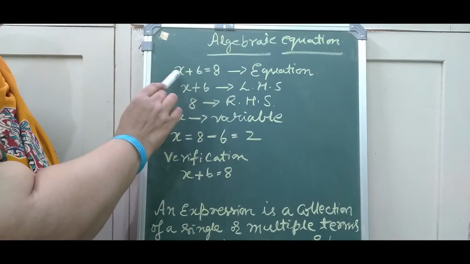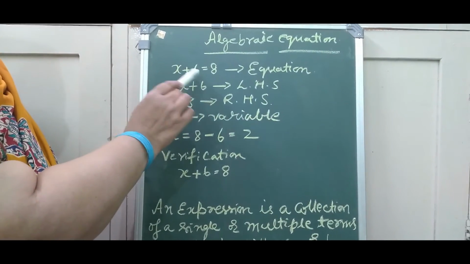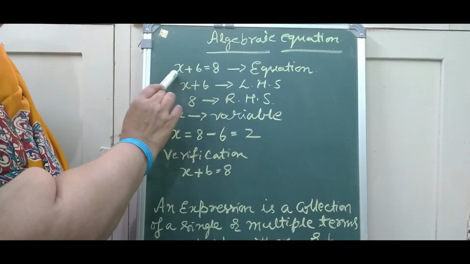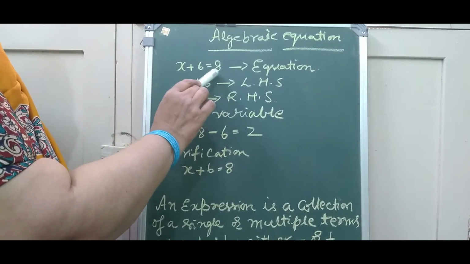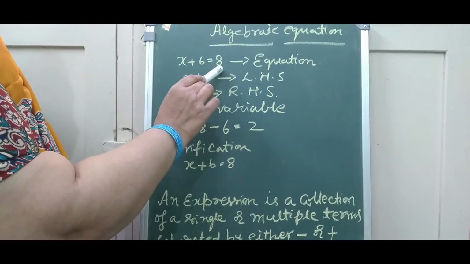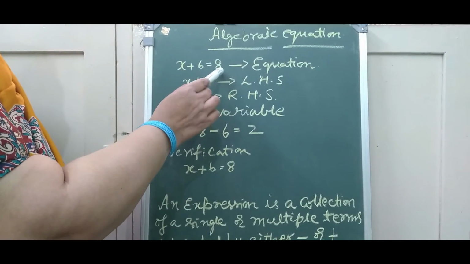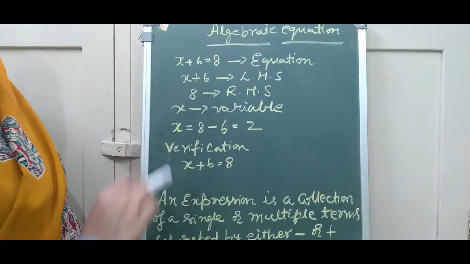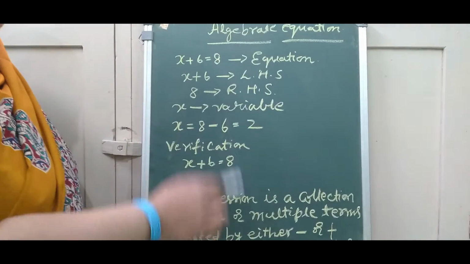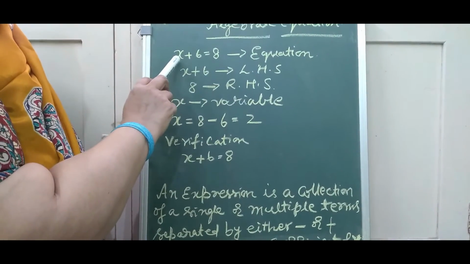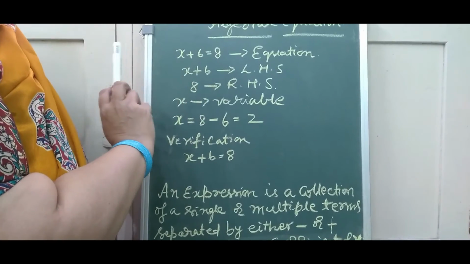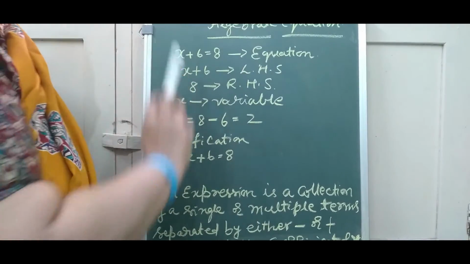An algebraic equation consists of an expression. x plus 6 is nothing but an algebraic expression, but when it is combined with the equal sign and another number on the other side, then we can call it an algebraic equation. I will tell you once again afterwards. I have considered here x plus 6 is equal to 8. This is an algebraic equation.